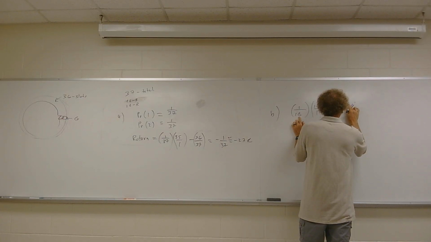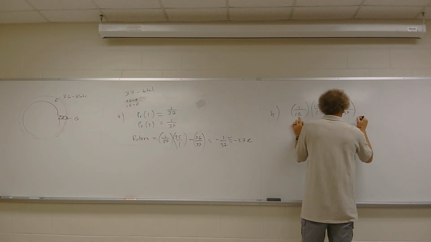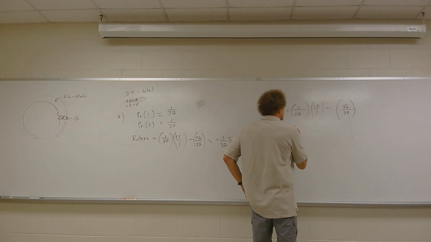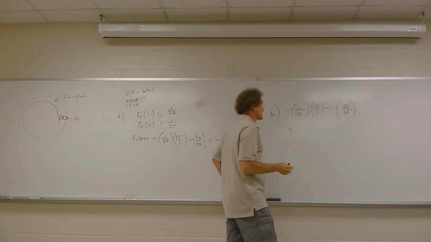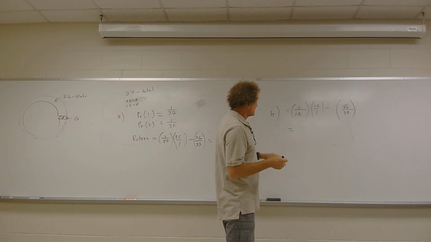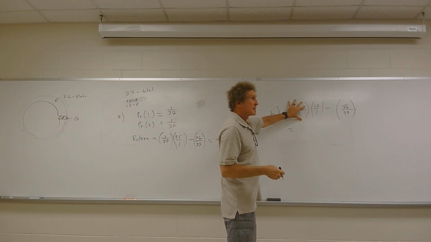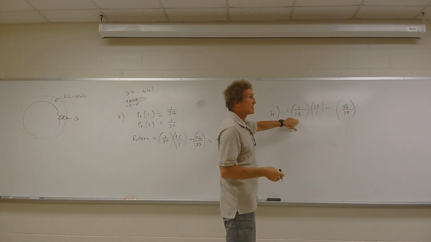Second, this is still going to be 36 over 37. And it's going to be a minus because the dollar's bet. I'm not saying this exactly the way I want, but for this particular problem, the likelihood is actually not 1/18 because you have that green one. It should actually be 1/19.